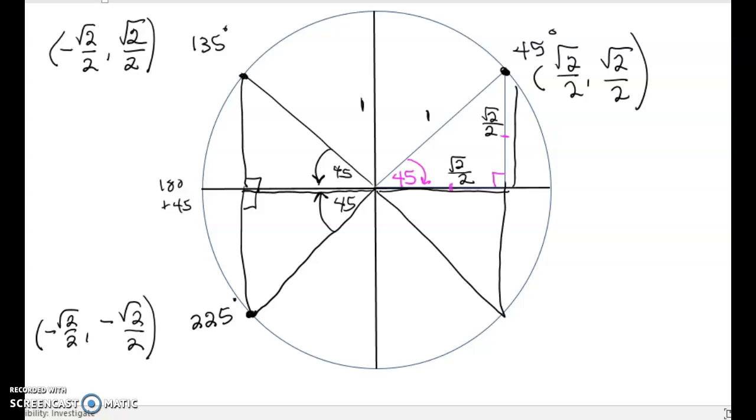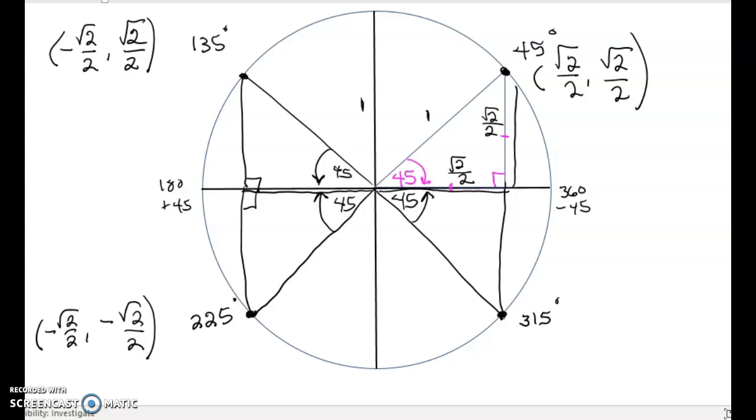And last but not least, the reference angle in quadrant 4. This is a reference angle of 45 degrees. This is a 315-degree angle. You could find that by taking 360 minus 45 degrees. That'll give you 315.